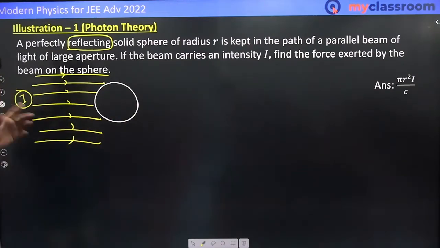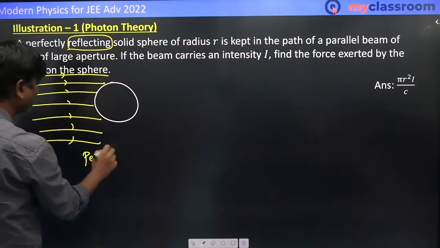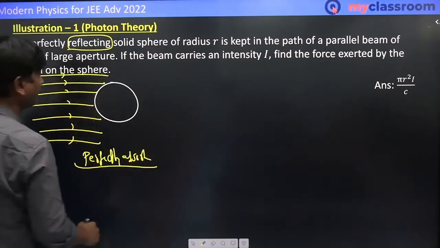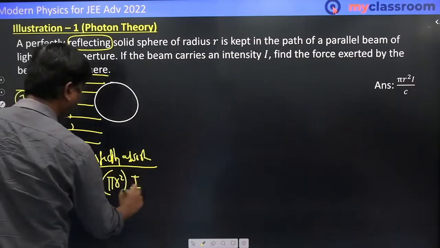Later I'll also solve for reflecting. So for perfectly absorbing, you take the projected area pi r square into I by C.